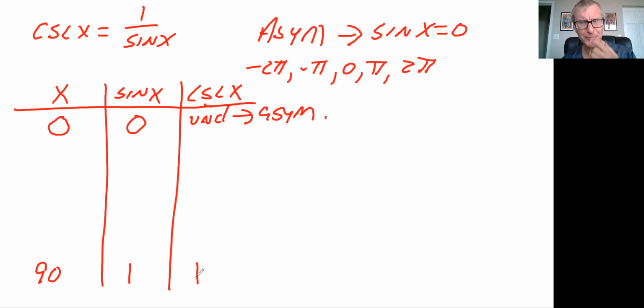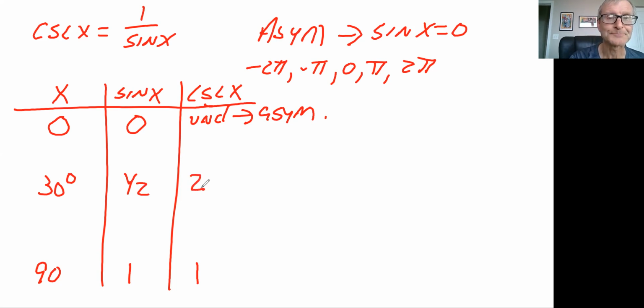So let's just pick a couple more numbers just to see what happens. So let's pick, say, 30 degrees, because sine of 30 is 1/2. And again, the math is pretty easy here because what is 1 over 1/2? Flip the fraction, it would be 2. So you could see that because sine of x, the biggest number is 1, you'll see that cosecant of x, the smallest number is 1 because you flip them.